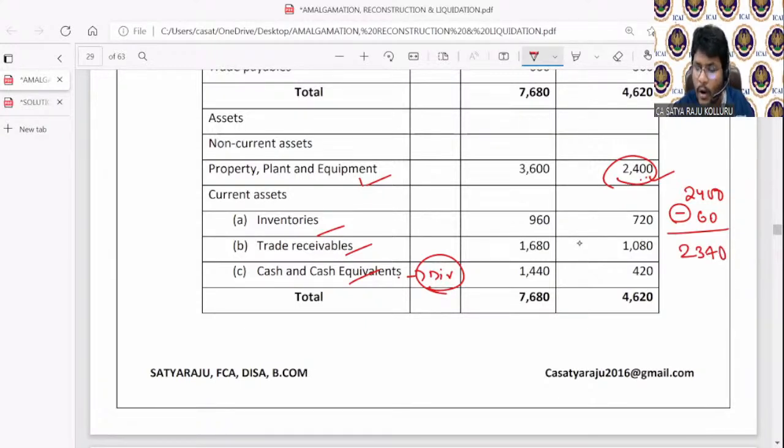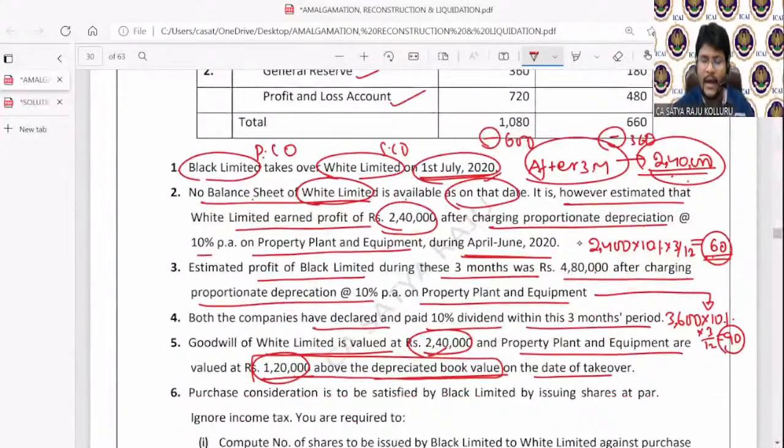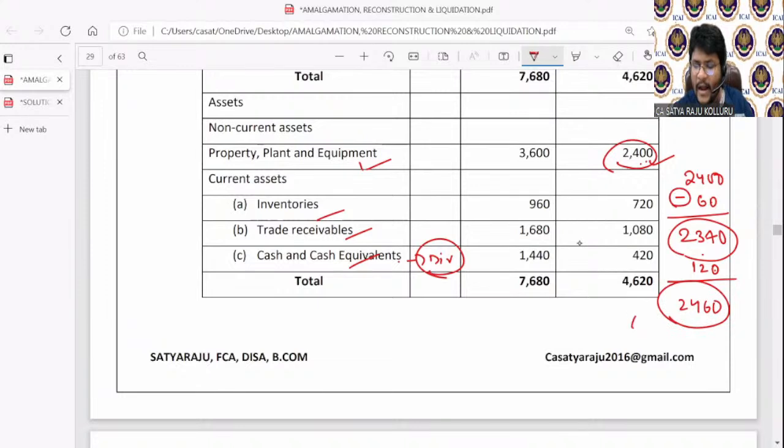Now, on this 23,40,000, he is adding 1,20,000 excess. 1,20,000 excess is adding 120. So total, 2,340 plus 120 is equal to 2,460, which is the agreed value.